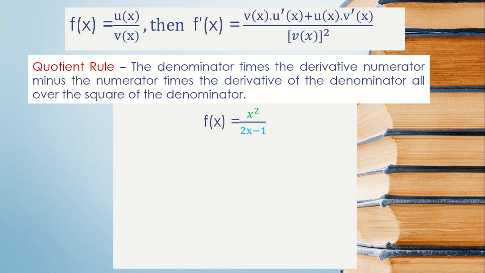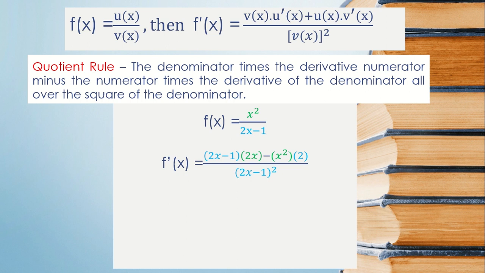Okay, so unang kita pa lang natin, we're going to apply the quotient formula for this one. So we have, okay, it says the denominator. So ano yung denominator natin? Our denominator is 2x minus 1. Kaya we copy 2x minus 1.